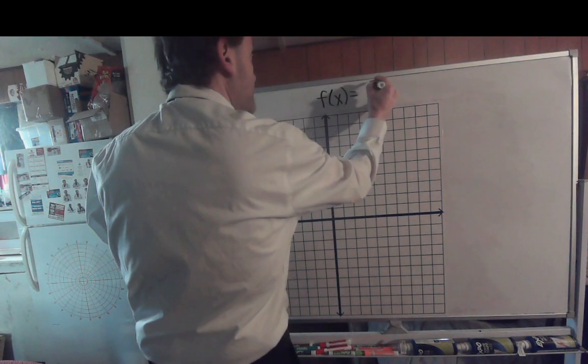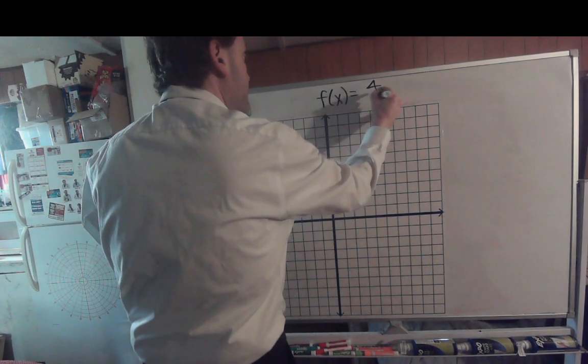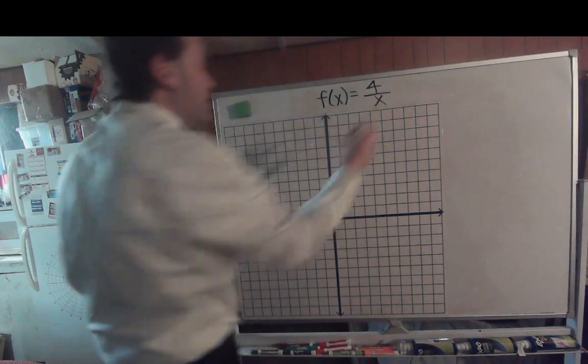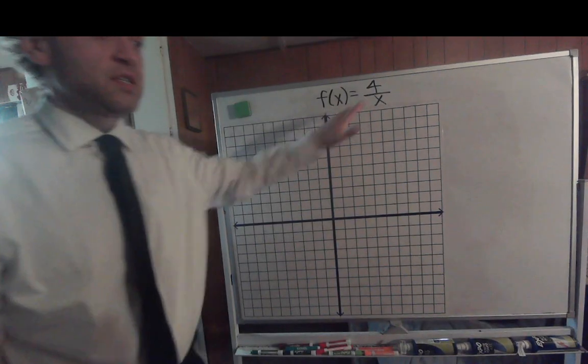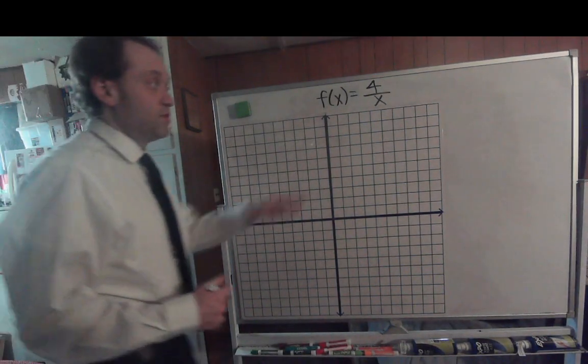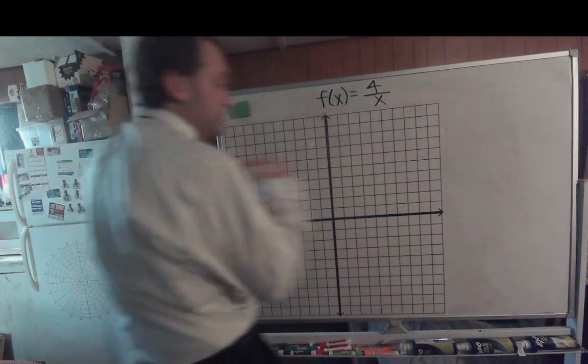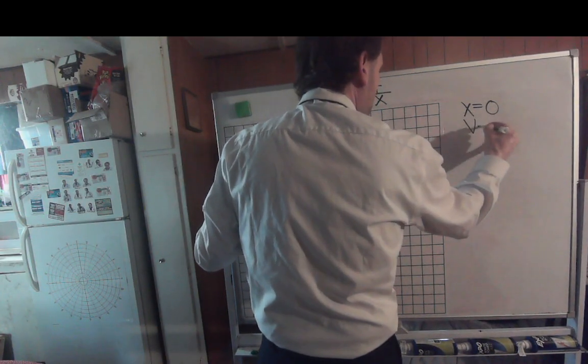This time, let's say we have f of x equals 4 divided by x. Well, find your vertical asymptote first. That's going to be when x equals 0. So x equals 0 is your vertical asymptote.